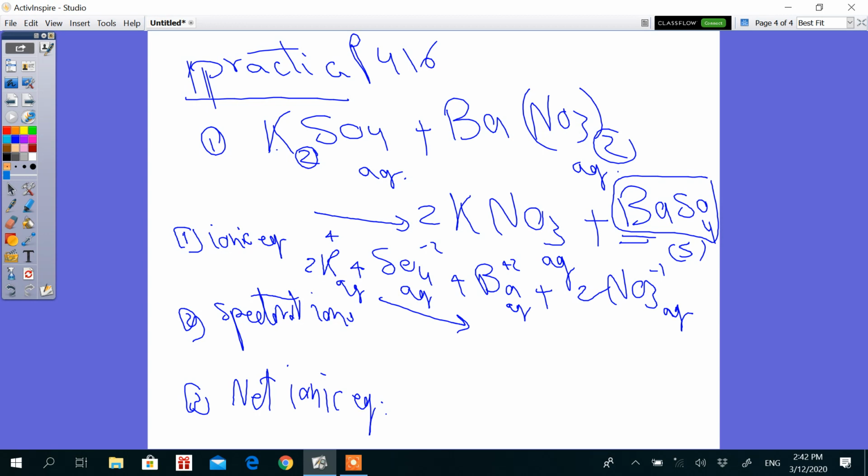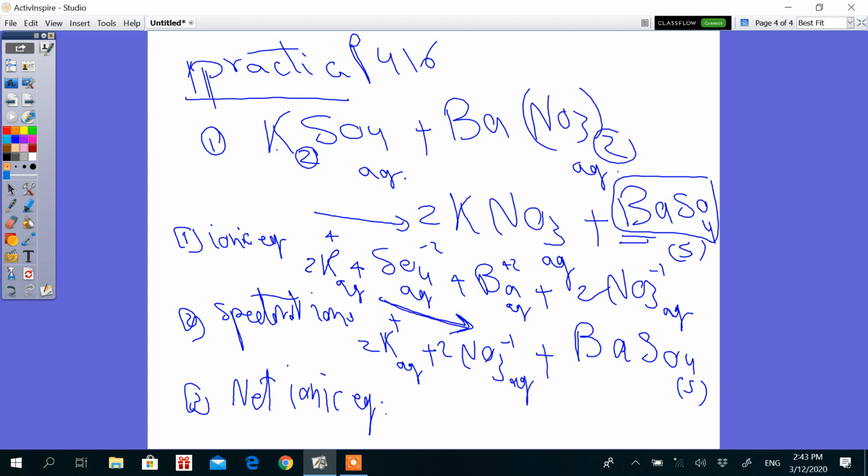We will write my ionic equation like that: 2K potassium aqueous and 2NO3 -1 aqueous, plus potassium nitrate, and barium will take sulfate to produce barium sulfate, it will be solid.